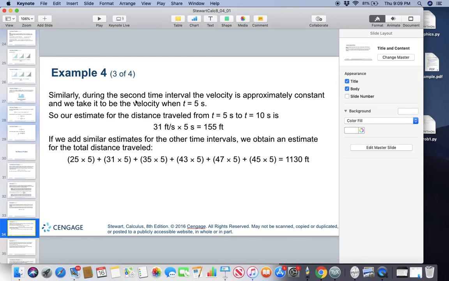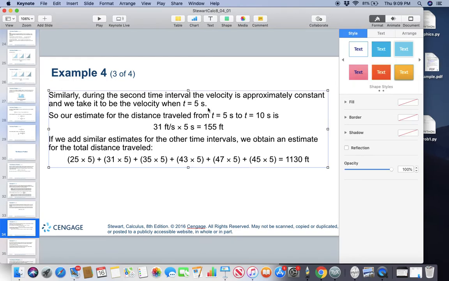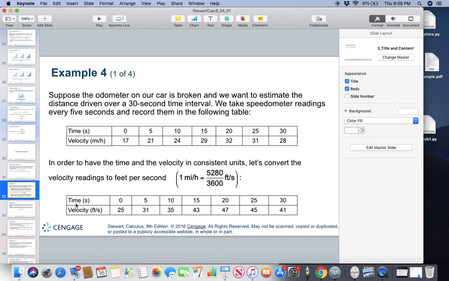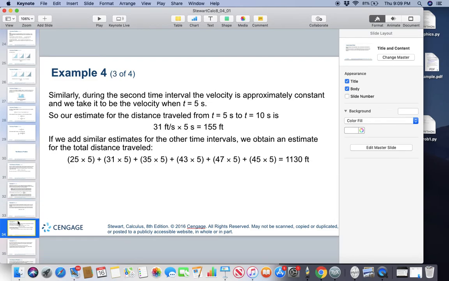Now, the next batch of 5 seconds, we use 31. Why? Because at 5 seconds, we are assuming the velocity is 31, and we assume that from 5 until 10 seconds, we are at 31. So the next 5 seconds, from 5 to 10 seconds, is 31 feet per second times 5, and so on.